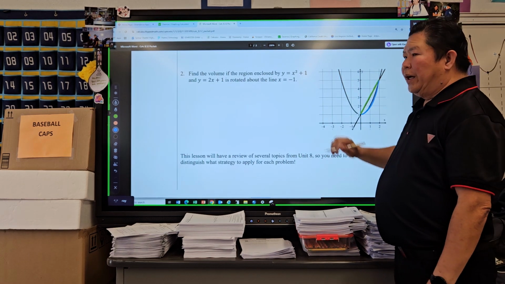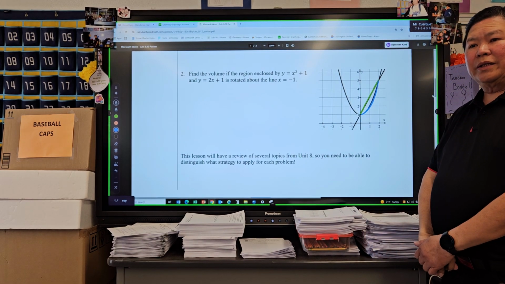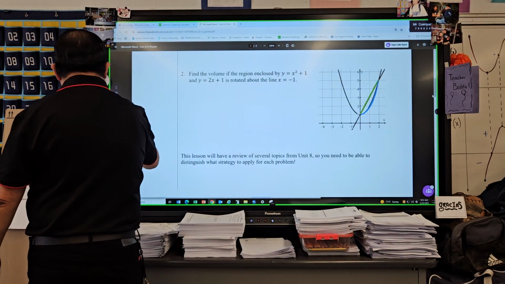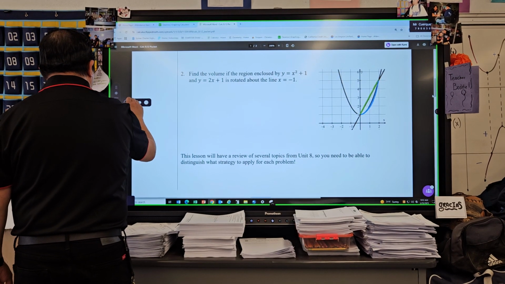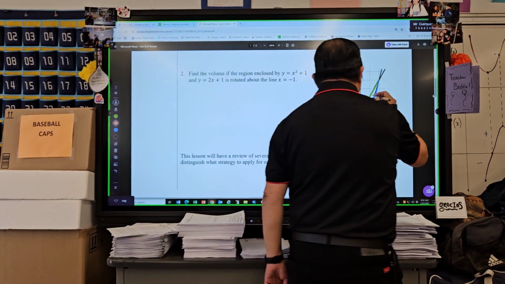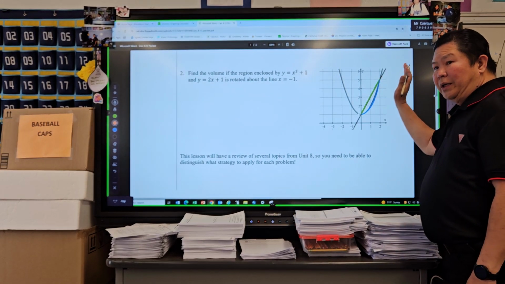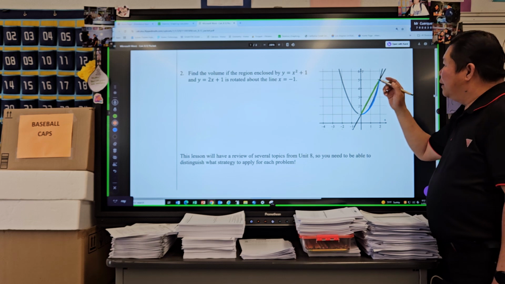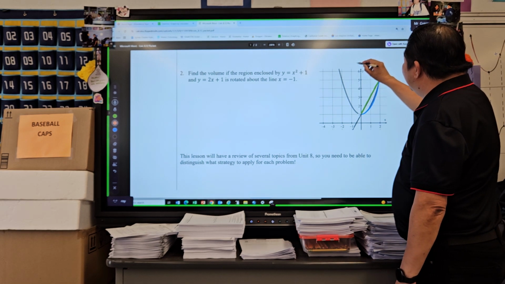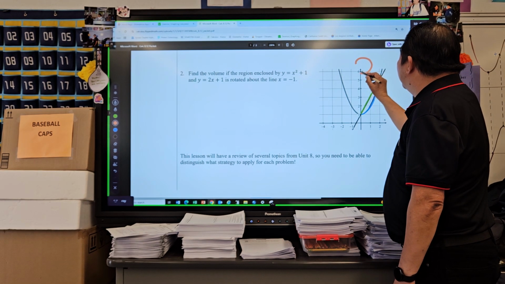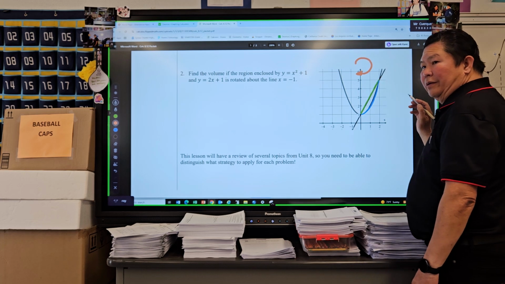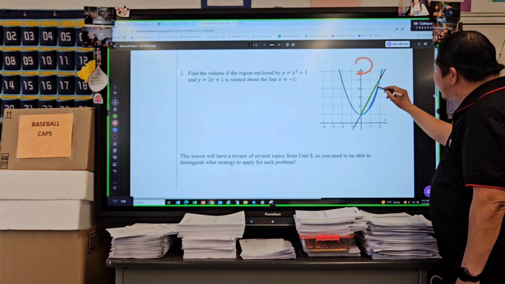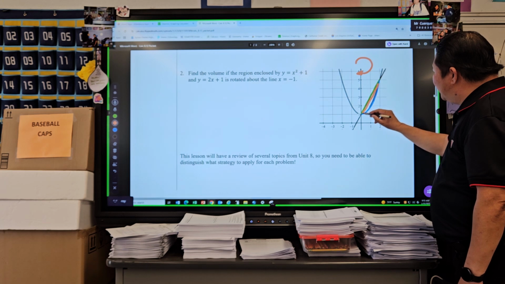So we have the line y equals negative 1. But before that, this is the region that is being revolved right here. You're going to revolve right there. So this is a particular region that we're going to revolve.